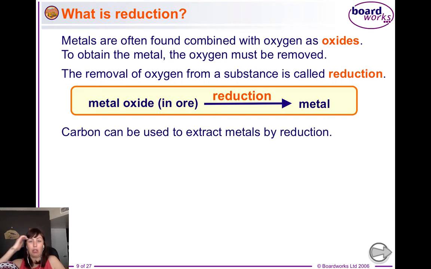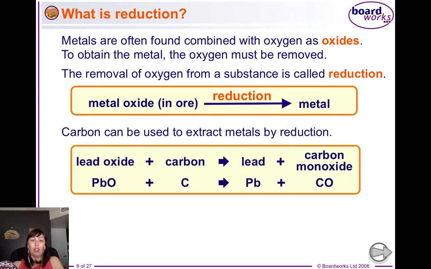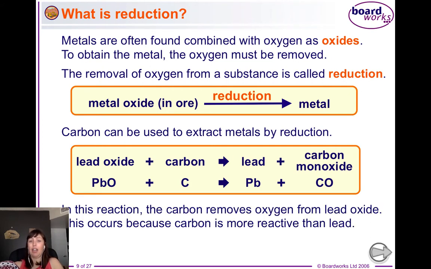Okay, so carbon can be used to extract metals by reduction if those metals are less reactive than carbon. So if you take lead oxide, for example, and heat with carbon, you will get lead in its pure form plus carbon monoxide. And in this reaction, the carbon is removing oxygen from that lead oxide, from that ore.